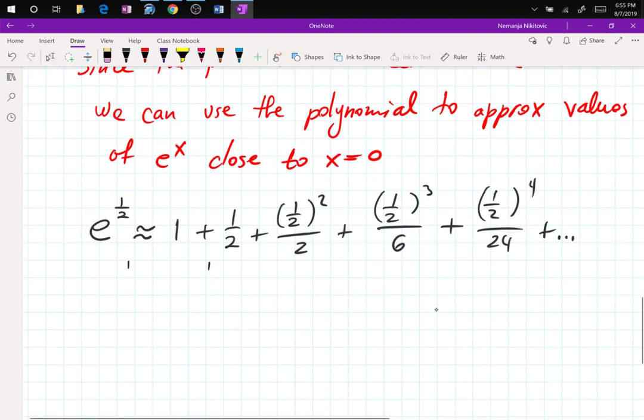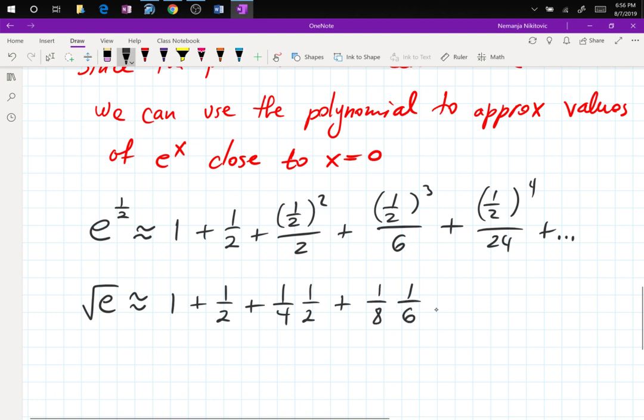So, the square root of e is approximated by, and I'm just going to use the first 4 terms because I'm lazy, right? So what do I have? I have 1 plus 1/2 plus 1/4 times 1/2 plus 1/8 times 1/6.